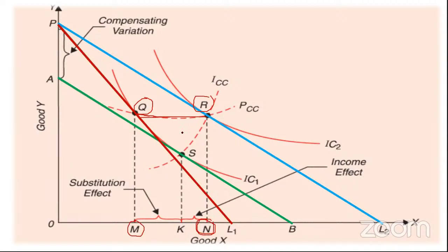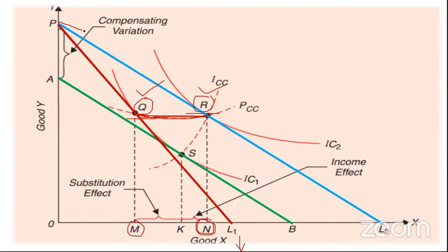He is getting this much extra satisfaction because of the change in the price of the good X. The price has fallen, and his movement is from equilibrium point Q to equilibrium point R. This movement from Q to R gives the price effect.